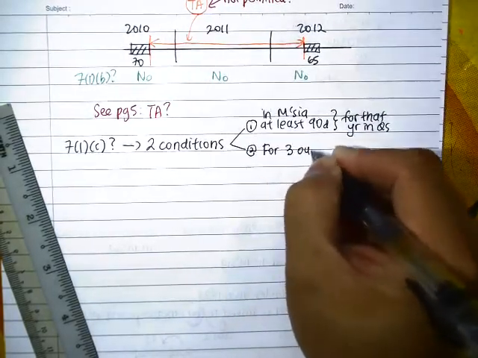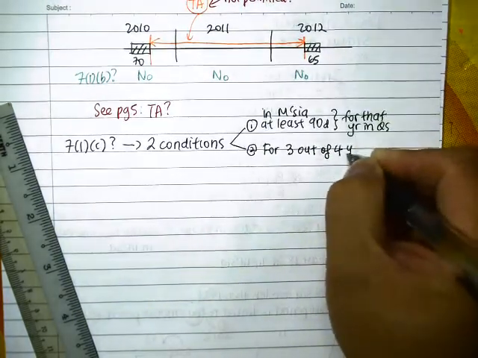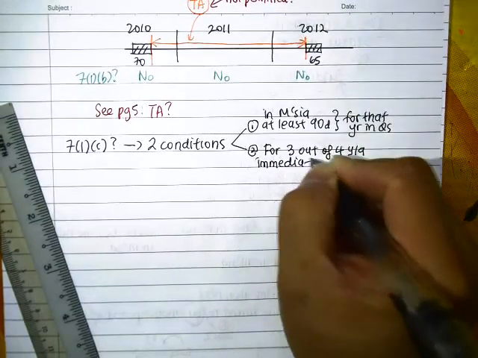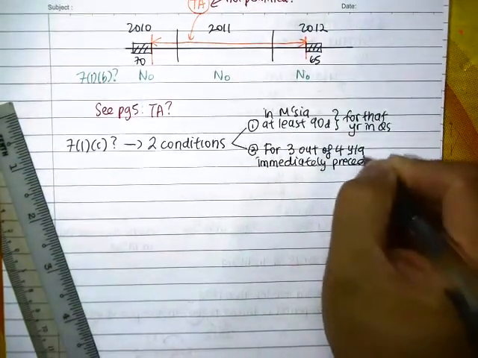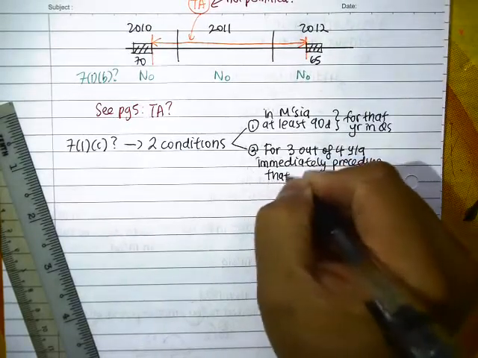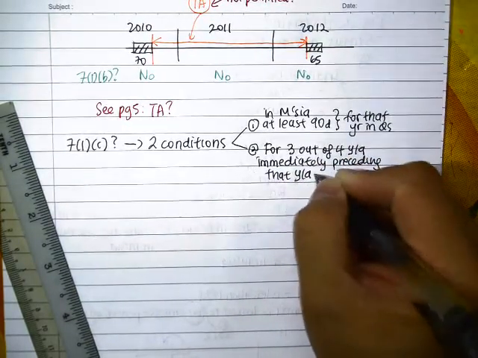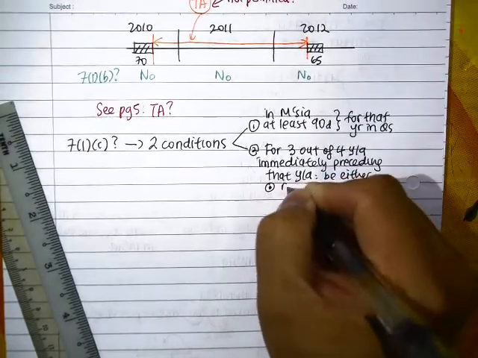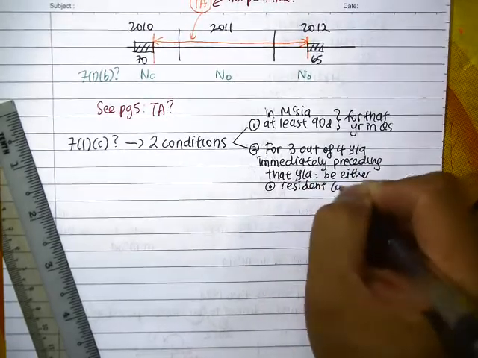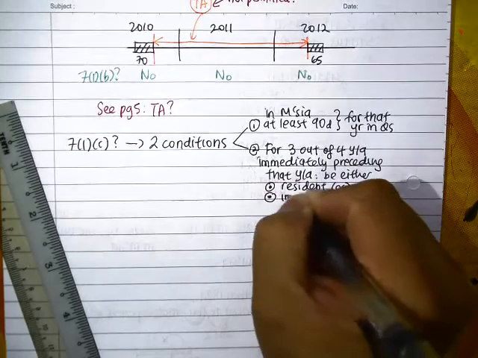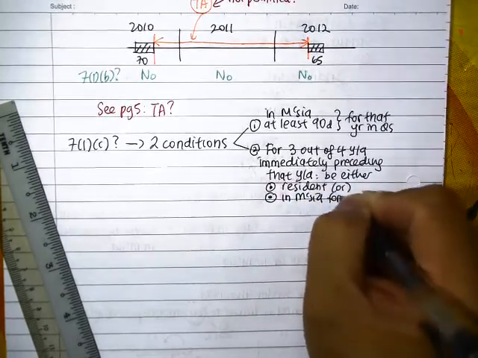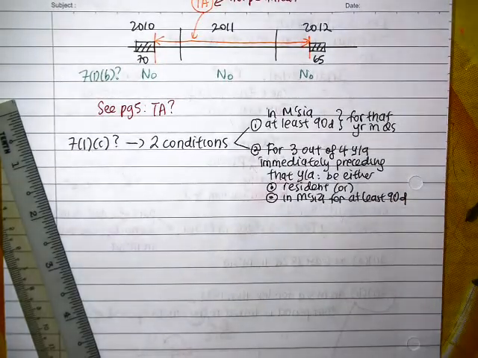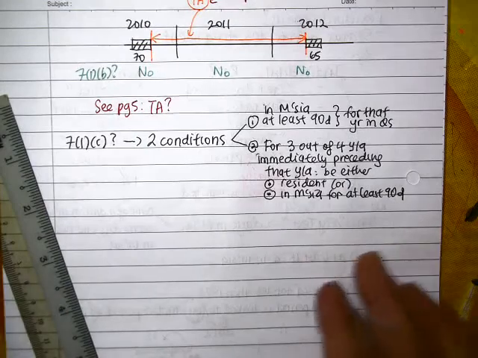For 3 out of 4 years of assessment, immediately preceding that year of assessment, you'll be either a resident or in Malaysia for at least 90 days. Okay? So that's the 2 things that you must check.